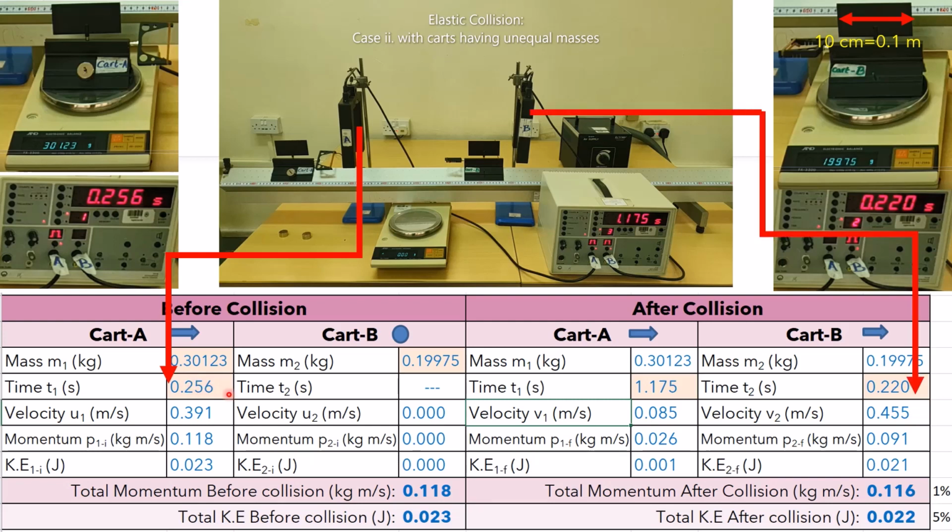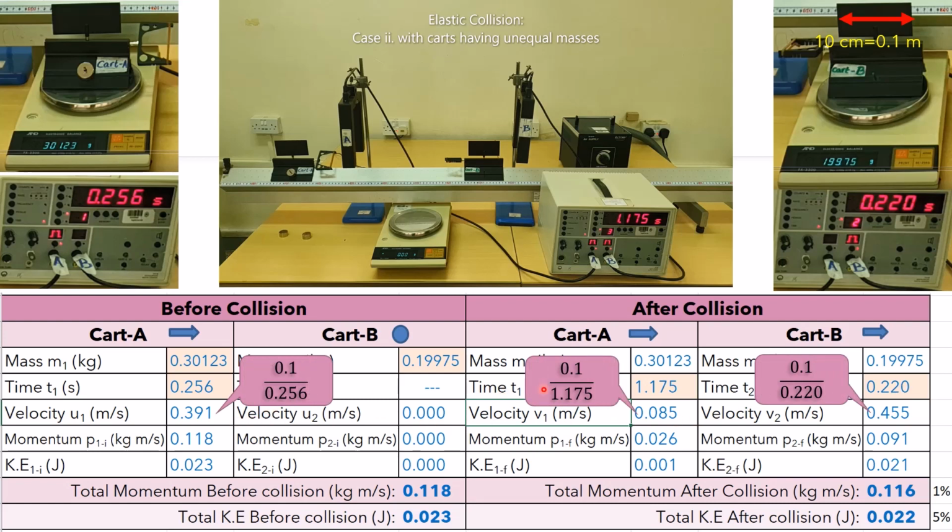After the collision, first cart B passes through photo gate B, so its time of obscuration is 0.220, whereas cart A has a time of obscuration of 1.175 after the collision. From these times of obscuration we can calculate the velocities. This is the formula. After the velocities, let's calculate the momenta.